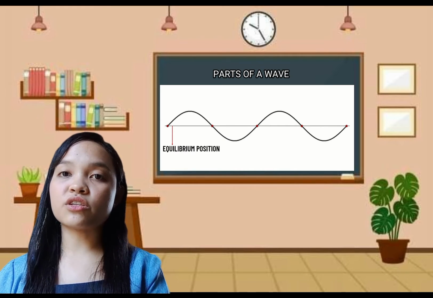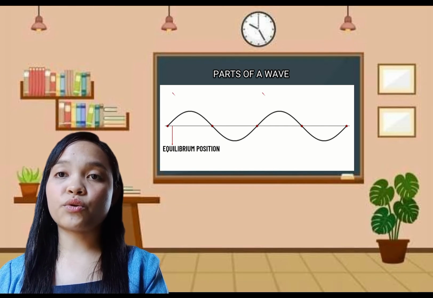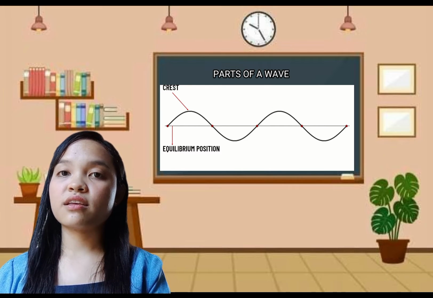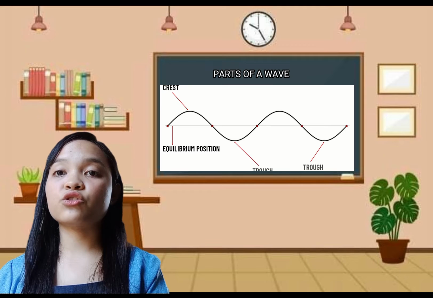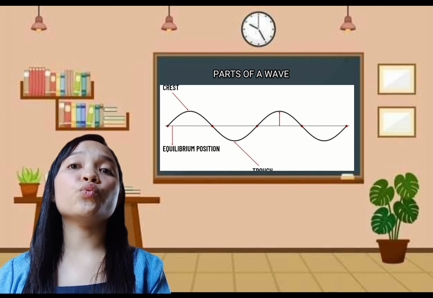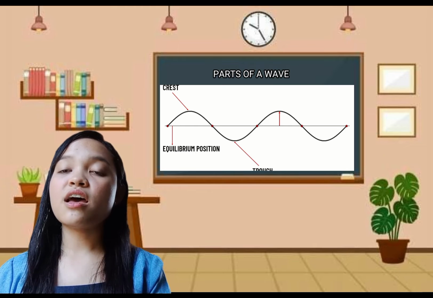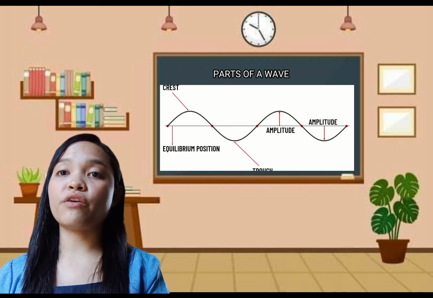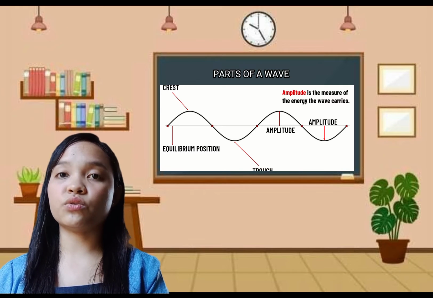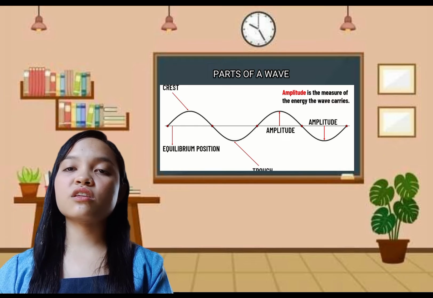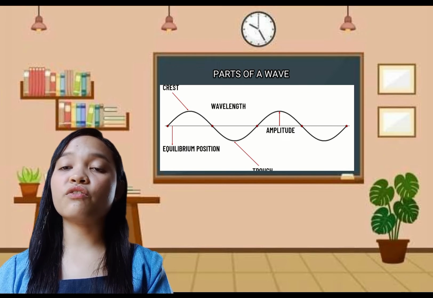The equilibrium position is the wave's undisturbed position. The highest point of a wave is the crest, and the lowest point of a wave is the trough. And the amplitude is the maximum distance between the equilibrium position and a crest or a trough. The energy carried by a wave is measured by its amplitude. The wavelength is the distance between two consecutive identical segments of a wave.